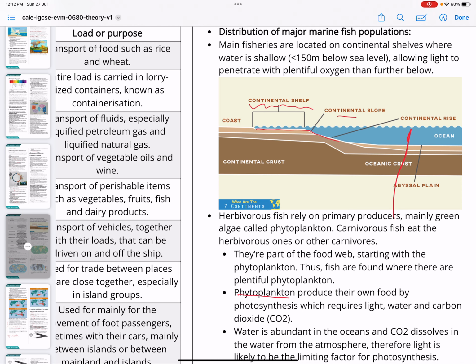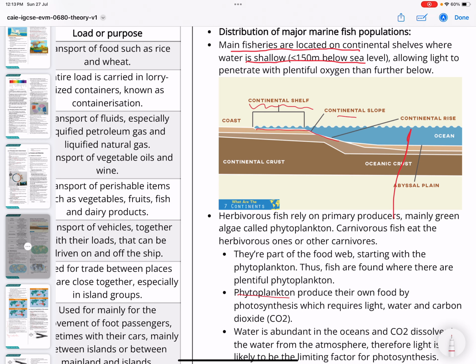Because the sunlight reaches the continental shelf easily under the sea, so the phytoplanktons, the plants, can prepare food by photosynthesis. This is why the phytoplanktons are available at the continental shelf, as well as majority of the fish, which are located where the water is shallow, 150 meters.